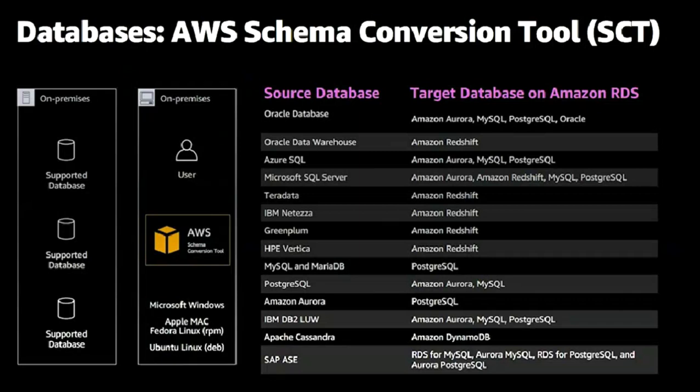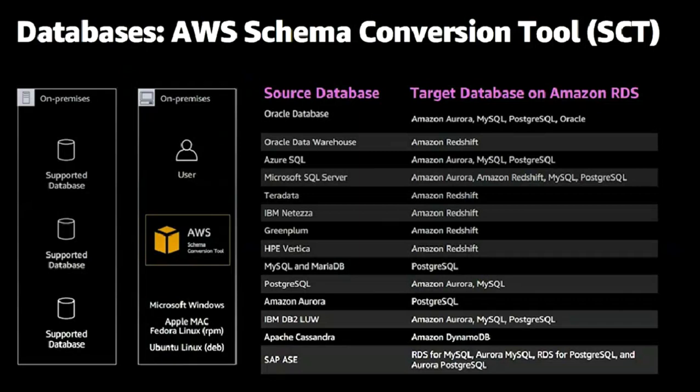You can convert data warehousing tools like Teradata, Greenplum, and HPE Vertica towards Amazon Redshift. You can convert open source databases like MySQL or MariaDB towards PostgreSQL and PostgreSQL towards MySQL, vice versa.